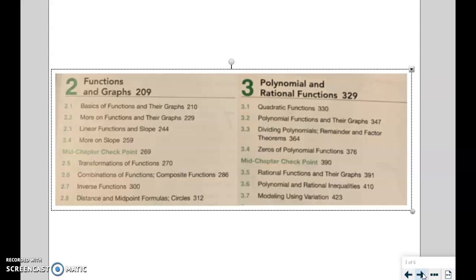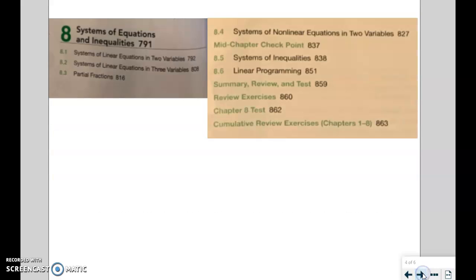I do the homework for fun. Rational functions and their graphs, polynomial and rational inequalities, and then the modeling piece, because the math is no good if we can't actually model real world situations with it. I mean, it's beautiful and it's fun for us, but maybe not for them until we can put it into a real world context for them.